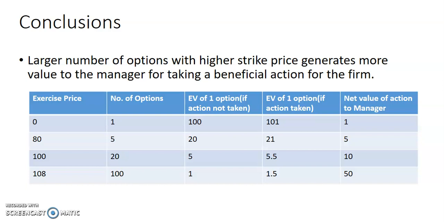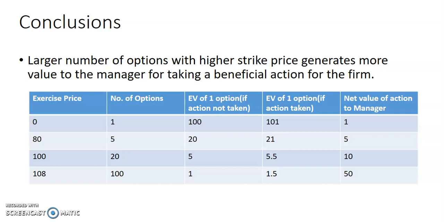In fact, the expected cost is same in all the cases that is mentioned here. However, the larger the number of options with the higher strike price generates much more value to the manager for taking a beneficial action than does the smaller number of options with a lower strike price.